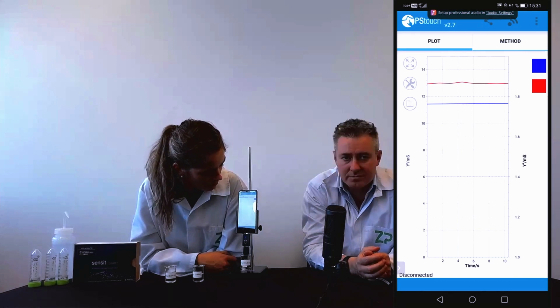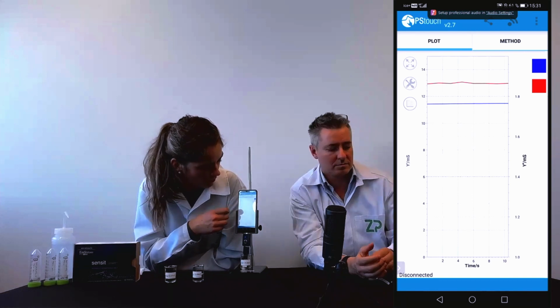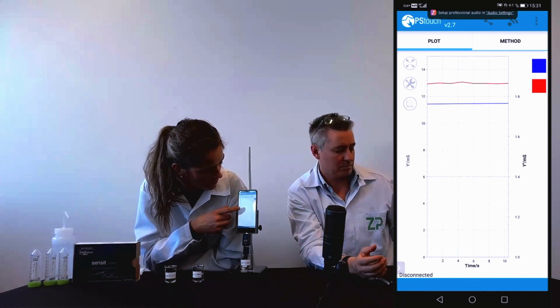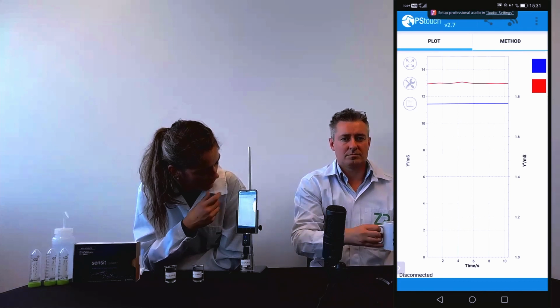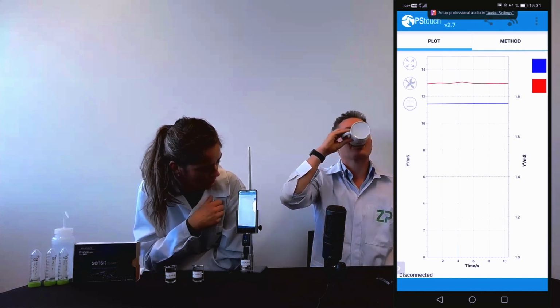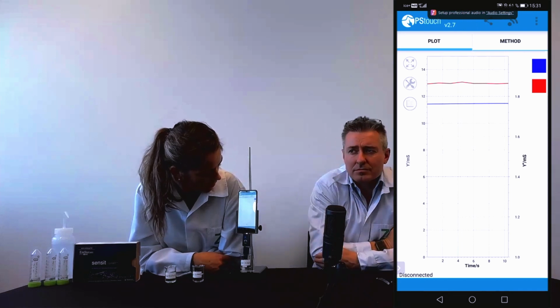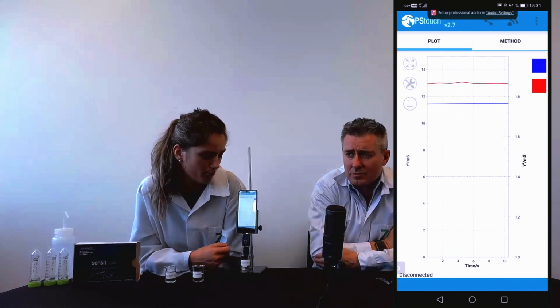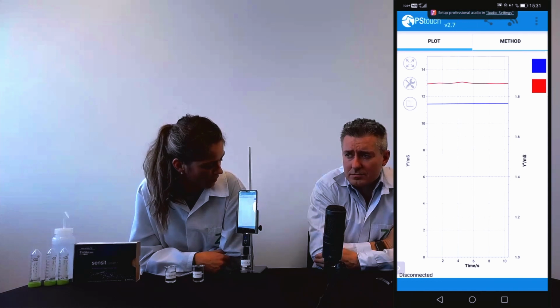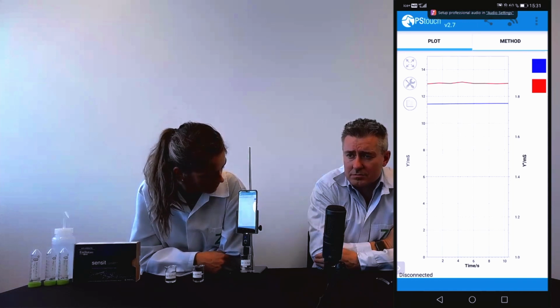All right. So here I swap to the conductance measurements. And here we have, let's say, 12 millisiemens, which by multiplying it by 1,000, you'll get the microsiemens.